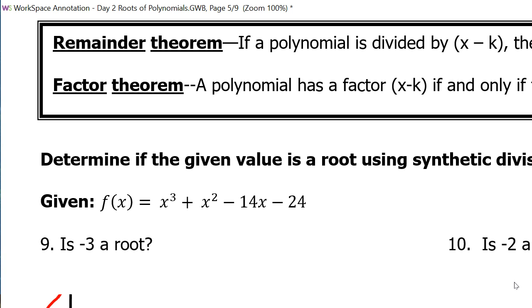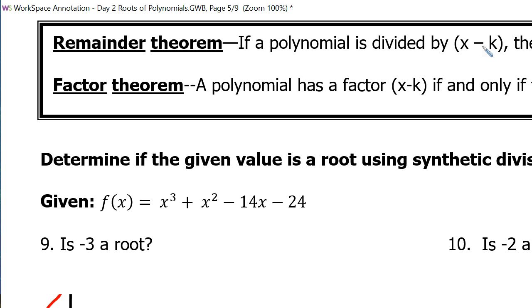Okay, now the next text box, more definitions. That next definition is called the remainder theorem. And it says that if a polynomial is divisible by this factor, x minus k, then the remainder, what does remainder mean? What's left over. So what's left over, we're using r to represent the remainder, is going to be f of k.